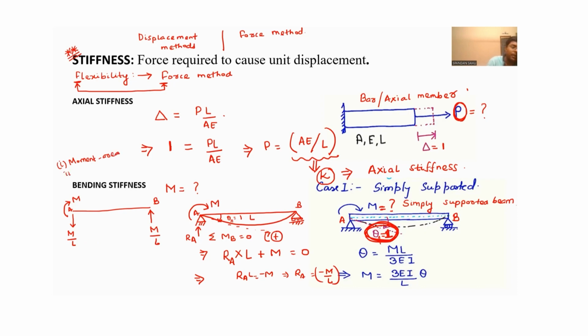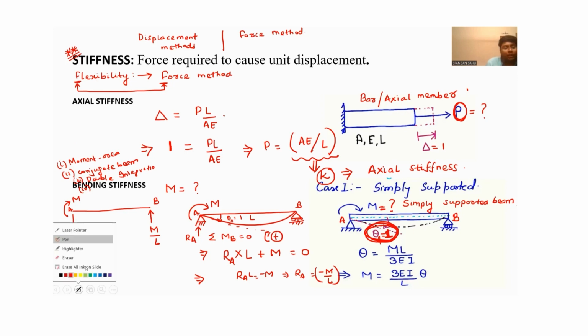You told moment area, conjugate beam. Double integration method is there, but it's quite time taking. Yeah. Okay, double integration, and what else?